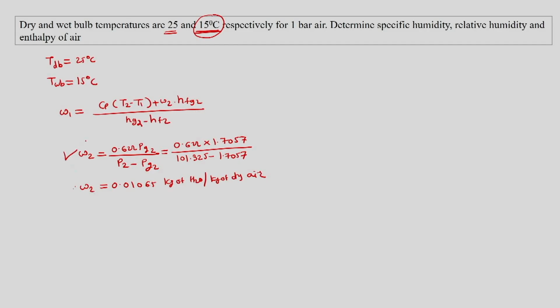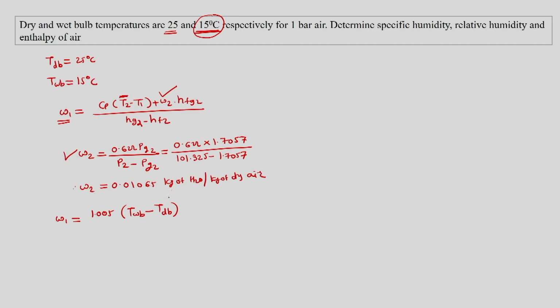Then this omega 2 will be used over here to find out omega 1. So omega 1 is equal to Cp, which is 1.005 for air, into (T2 minus T1). This T2 is the temperature which is basically the wet bulb, and this T1 is basically the dry bulb. Basically these are the temperatures at the inlet and at the outlet of the adiabatic saturation temperature measurement experiment.